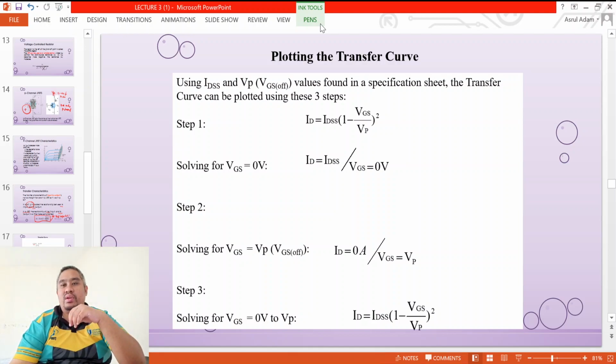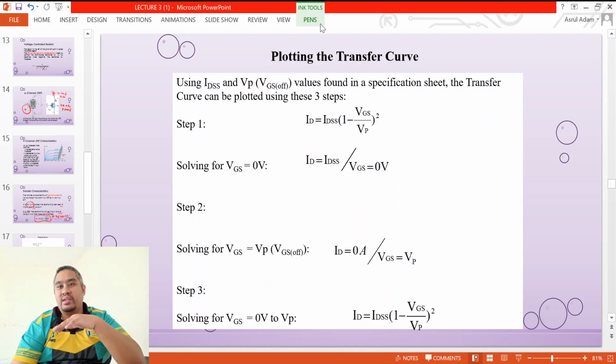We also discussed the ID curve and VDS curve, and the difference between N channel and P channel. Basically they act the same.